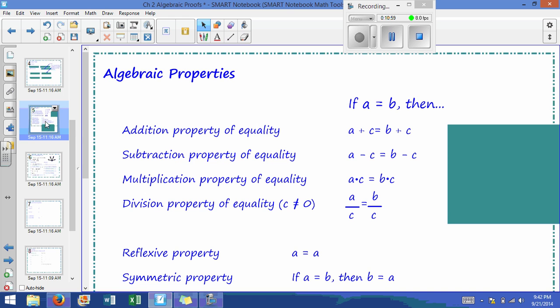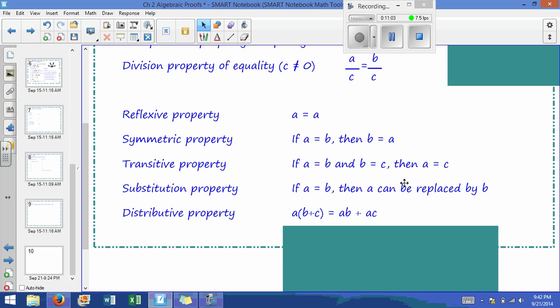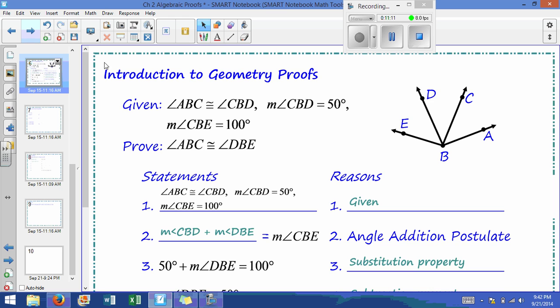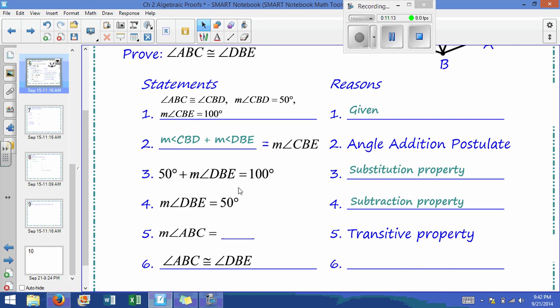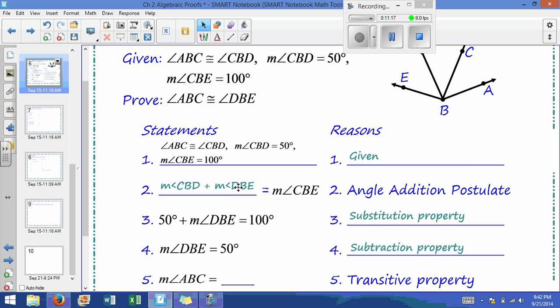Now, if you remember, the transitive property is kind of like the train. If you have two ends, they're all equal to each other. So the middle equals the end, and the two ends equal each other. Let's see if we can figure this out. If we look at the picture, we realize that ABC is equal to CBD.